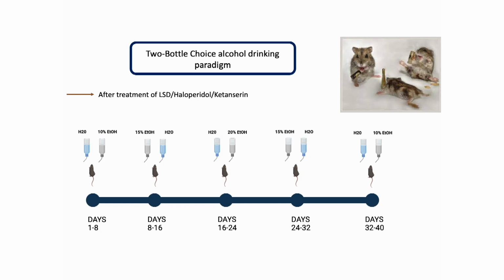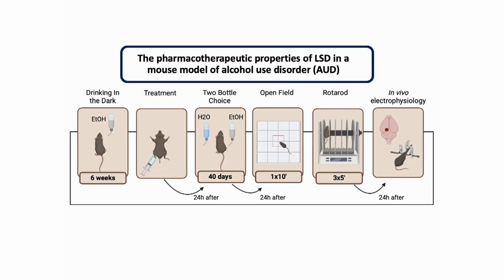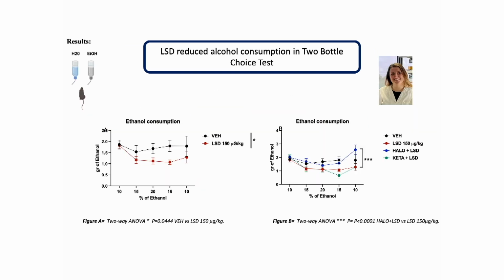And then we monitored the alcohol consumption for 40 days, and we measured the consumption of alcohol during all those 40 days. We performed also some behavioral tasks. We assessed the locomotor effect, and also we measured the neuronal electrical activity of the dopaminergic neurons in the ventral tegmental area.